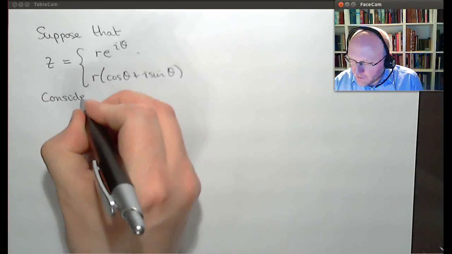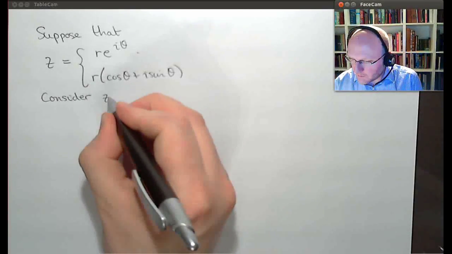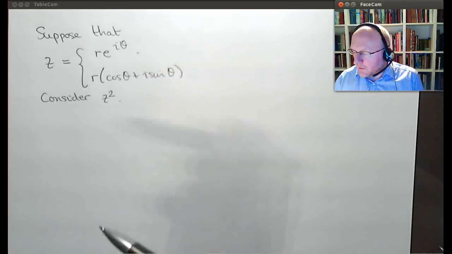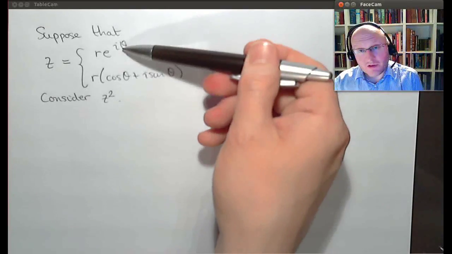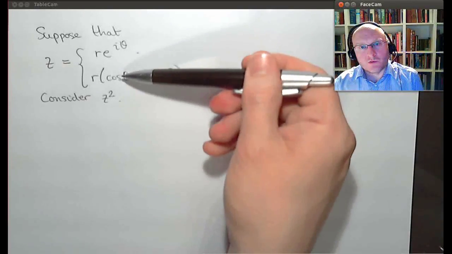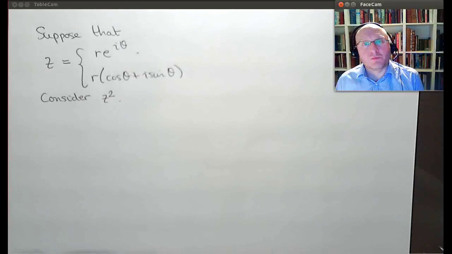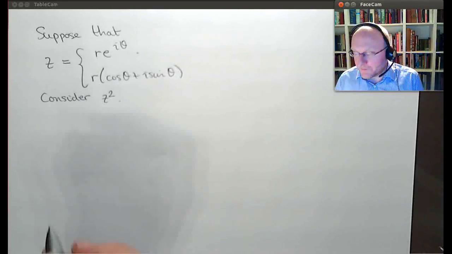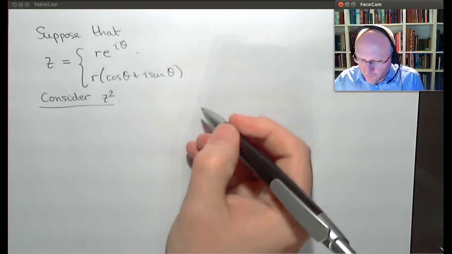Now what's interesting here is to consider z squared. In order to square z we could use either of these two forms, and doing that we will get two different looking expressions, but they must both be equal, and this is the trick that enables us to deduce a trig identity. So let's consider z squared.